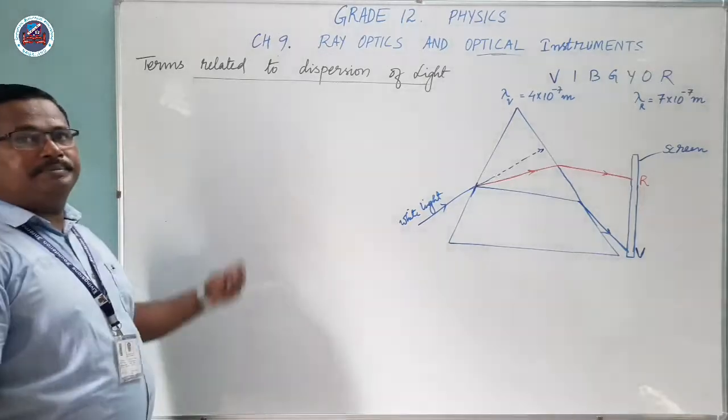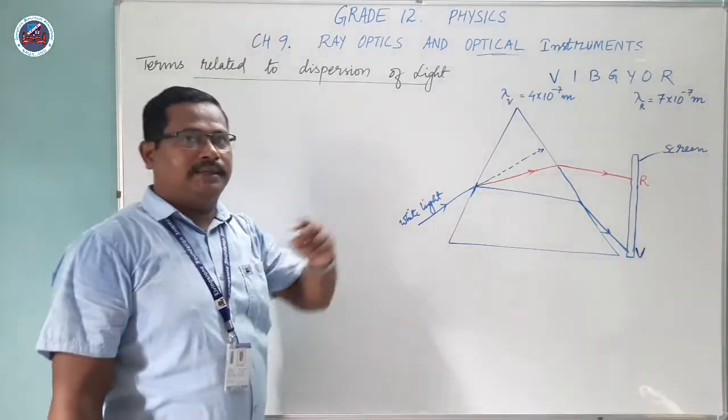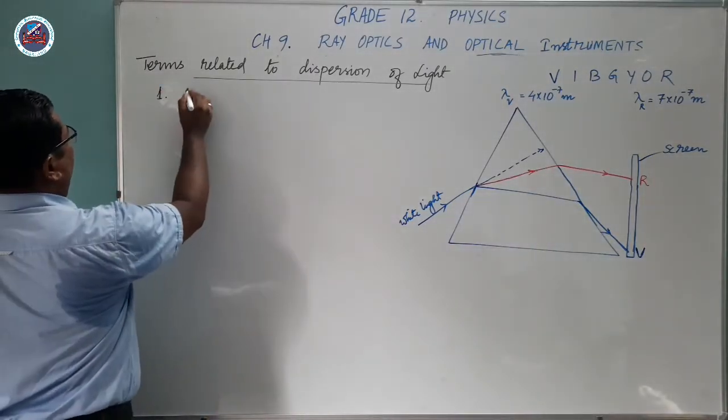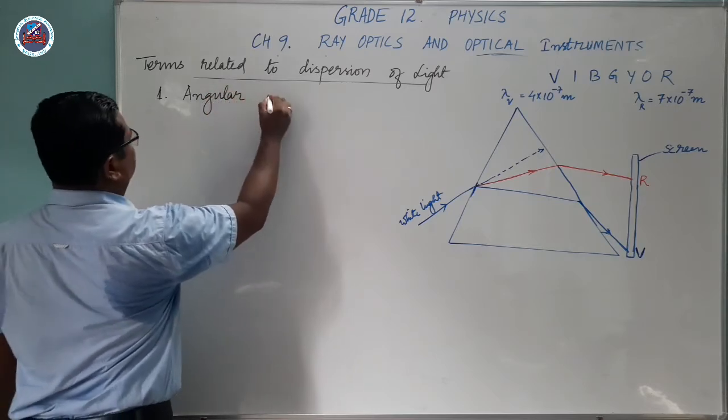Now let us see some terms related to dispersion of light. There are 2 terms you have to know. The first one is angular dispersion.